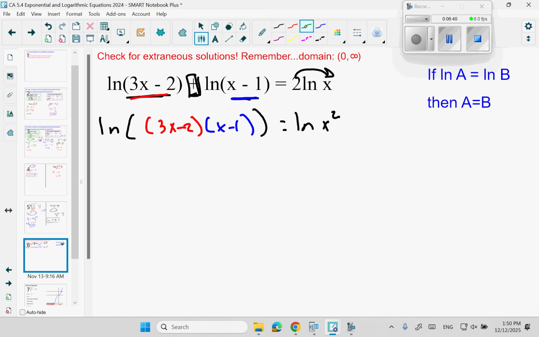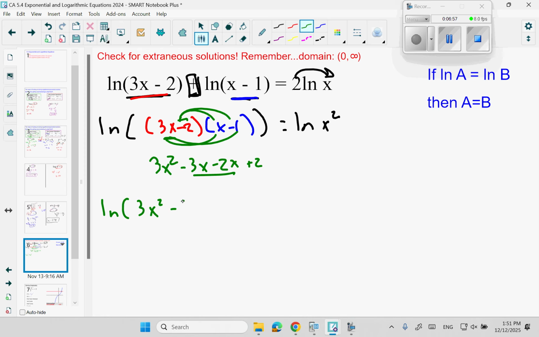So I'm going to have to FOIL these. So 3x times x is 3x squared. 3x times -1, -3x. -2 times x, -2x. -2 times +1, +2. Combining like terms, we have the natural log of 3x squared minus 5x plus 2 equals the natural log of x squared.